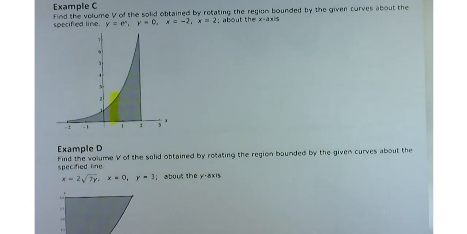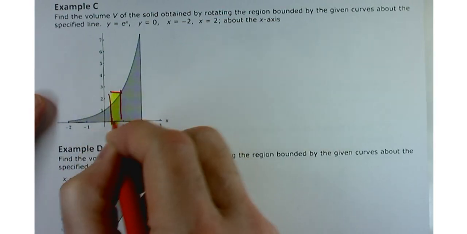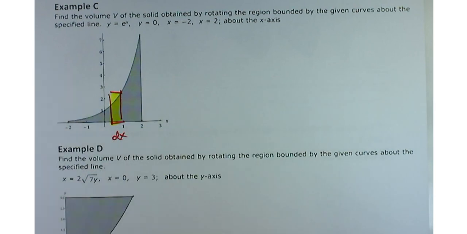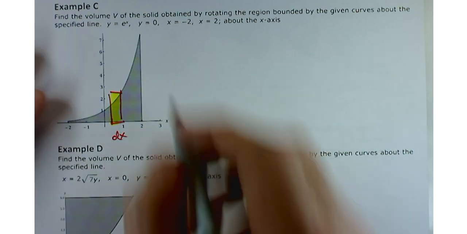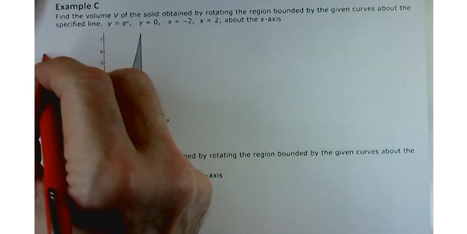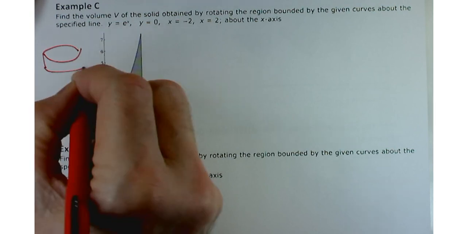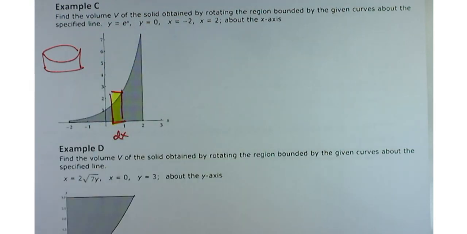Again, we're going to take a dx slice in this particular one. Start by finding the volume of one disk. It's a horrible looking disc, but oh well.